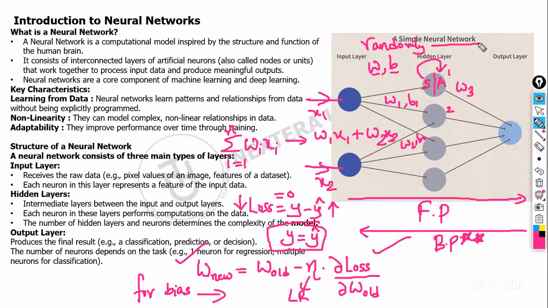So as part of today's session, we are going to understand the purpose of activation function, and what the different types of activation functions are. Then what is weight, and how weights get updated. We understood that. We'll also understand what bias is.